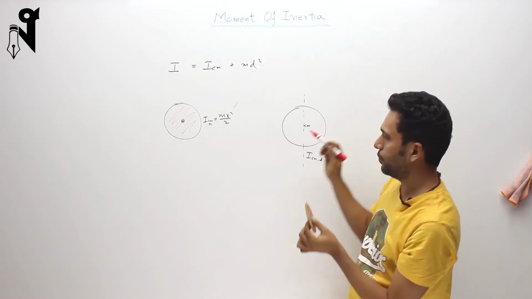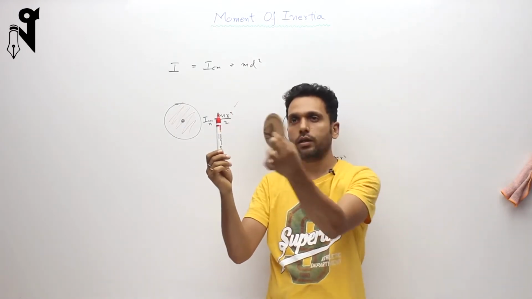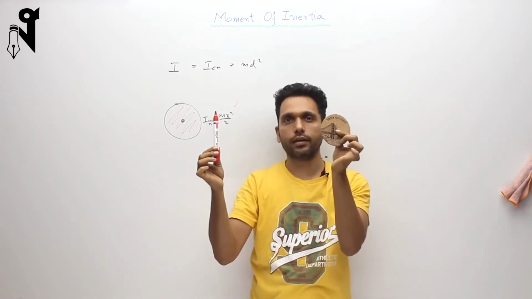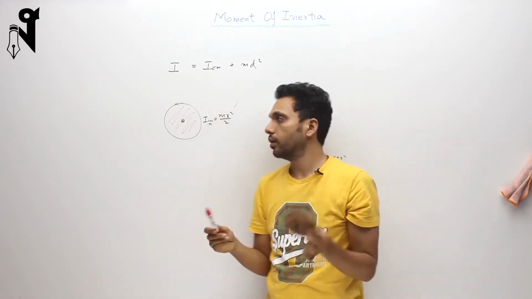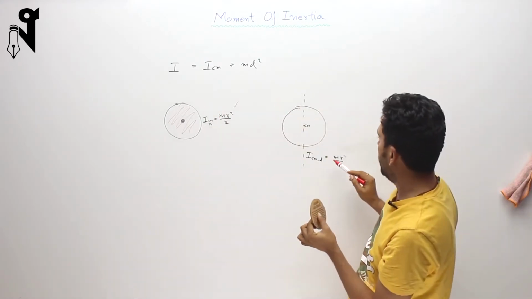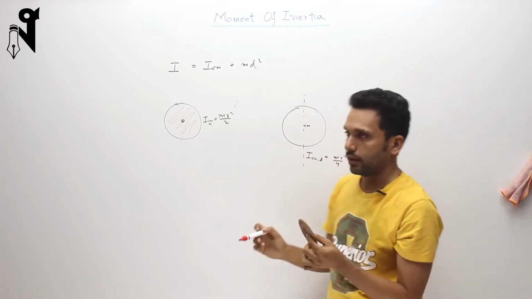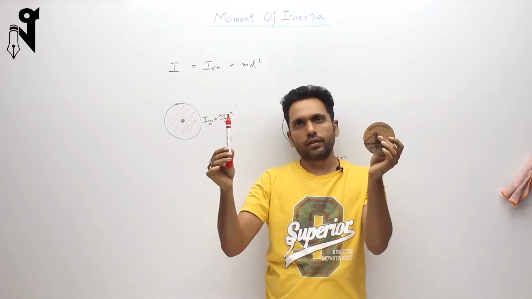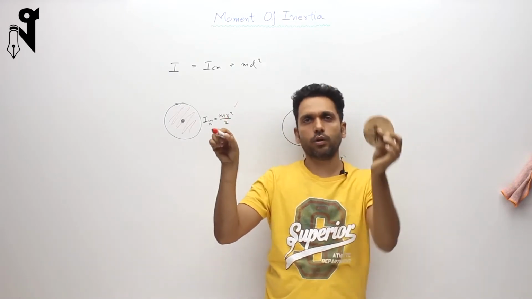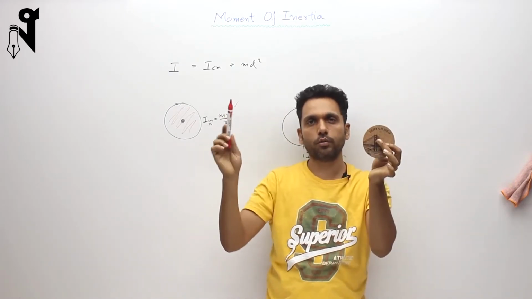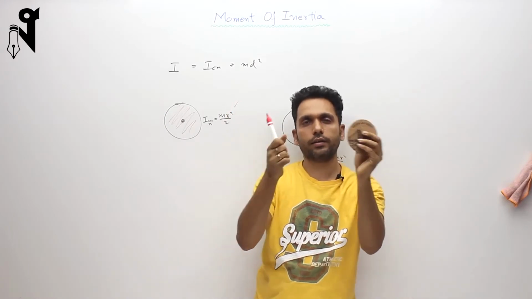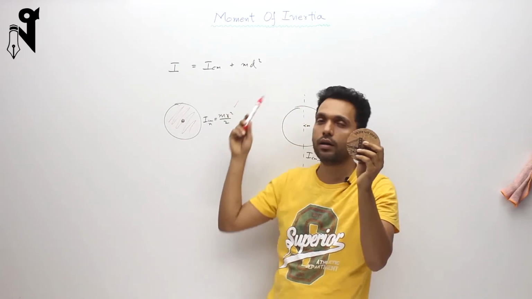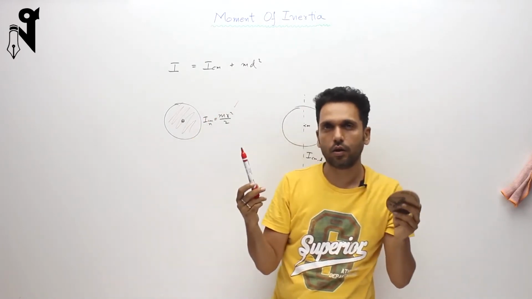So here, if the axis of rotation was in this orientation and the body was rotating like this, then the moment of inertia of this body would be mr square by 4 plus md square. Anyways, if r is very less in both the cases, then mr square by 4 or mr square by 2 will be almost 0, and the body will be considered as a point body which is d away, so only md square will remain. That is already emphasized.